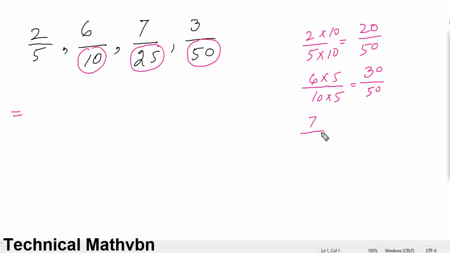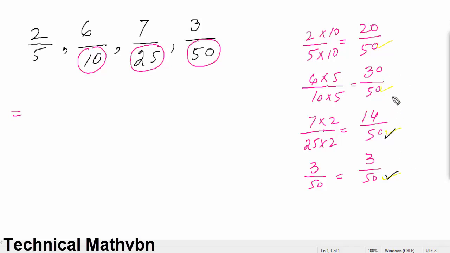The next is 7 by 25, multiply with 2, that is equal to 14 by 50, and the next is 3 by 50, that is equal to 3 by 50. In this situation you can see that all the denominators are the same, 50, 50, 50 and 50. So 20 over 50, 30 over 50, 14 over 50 and 3 over 50.